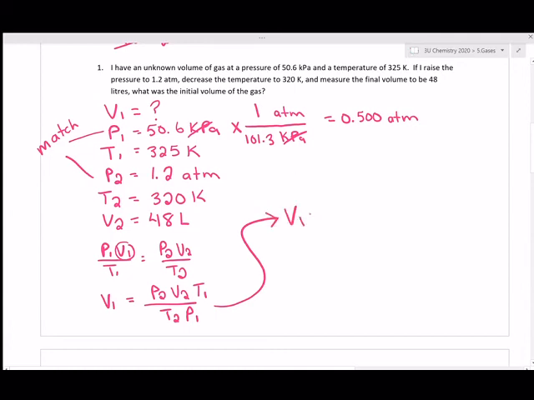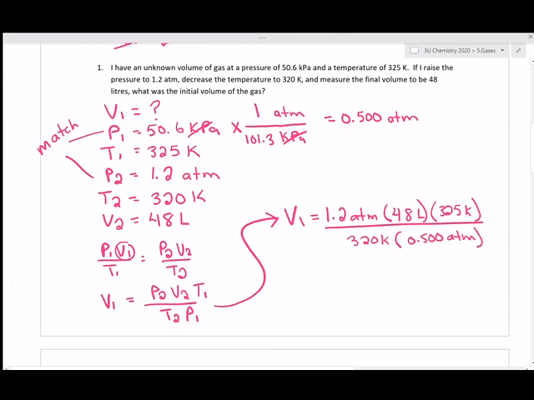And now I'm going to find out what was that initial volume. So P2, 1.2 atmospheres, multiplied by V2, 48 liters, times the initial temperature, 325 Kelvin, and I'm going to divide by T2, 320 Kelvin, multiplied by P1, which we said we needed to use 0.5 atmospheres.